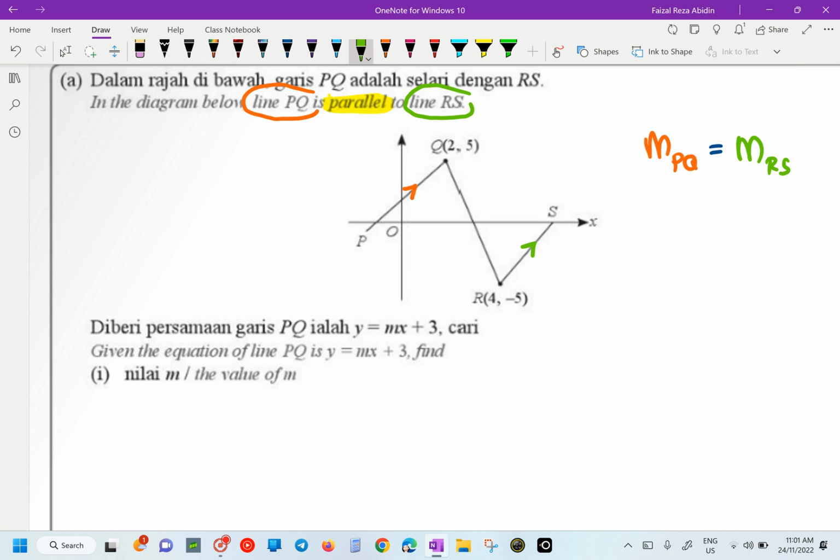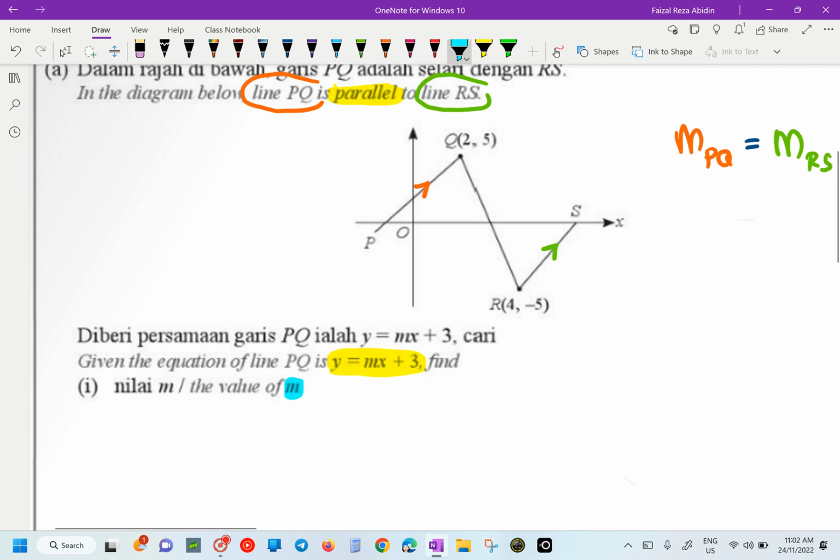Next, given the equation of line PQ, we have y equals mx plus 3. Find the value of m. Use the point Q.